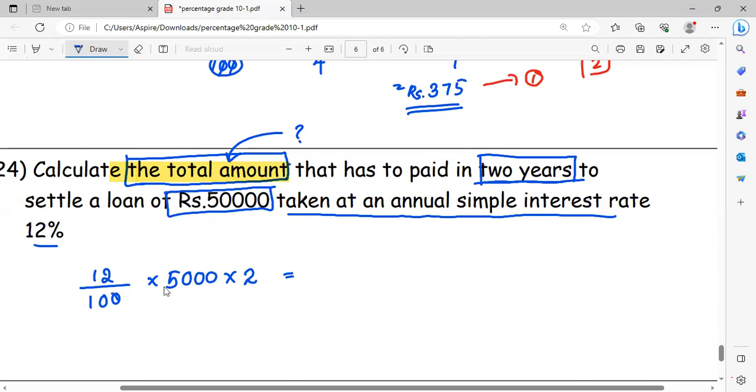Then 12 times 5 is 60. 60 times 2 is 120. So the answer is 12,000.